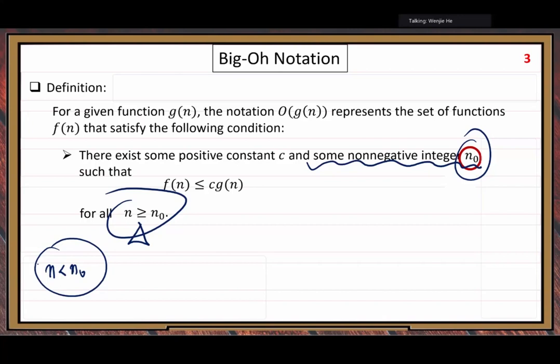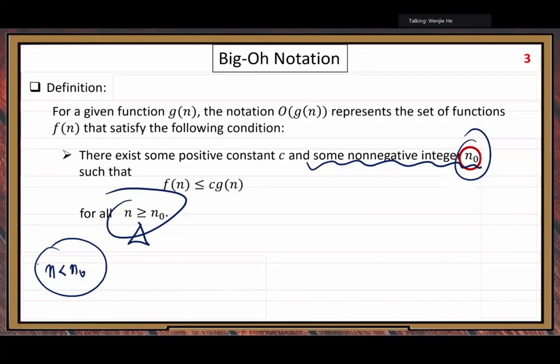So when the problem size is large, to find the result, we may need too much computation time. So that part, we really worry. But not for this part. So that's one way to understand.